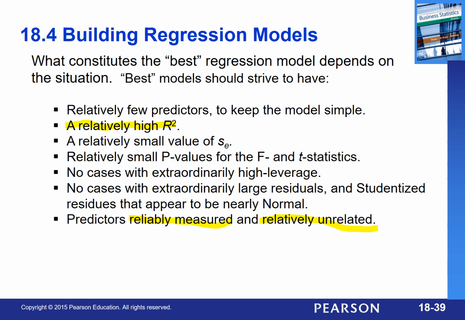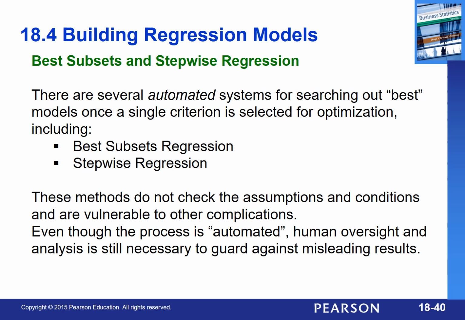And we want to make sure that our predictors are doing a good job. So this last bit about it being reliably measured, that means that you know your data is from a good source and relatively unrelated, aka independent. Okay, so how do you build a regression model the easy way? We can use what's called best subsets and stepwise regression. These are automatic ways that you can automate this process.